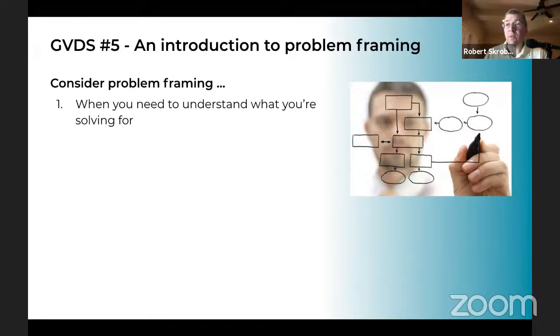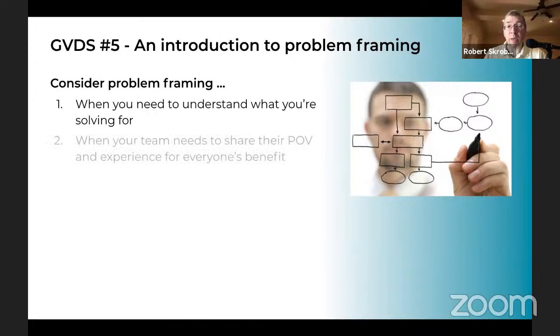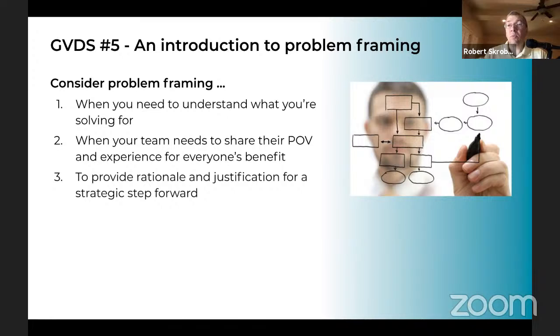Now, you want to consider problem framing when you need to understand what you're solving for. So if you have a lot of different things on the plate that you could put focus on, problem framing definitely helps in focusing on one or two particular aspects. And especially if you're with a team that wants to share their point of view on the subject, they have experience or a frame of reference that could really help the team, then you definitely want to use problem framing. It also helps to provide some rationale in terms of strategic mindsets for people that are very strategic mind focused and like to think of things in terms of sequences and long-term planning.